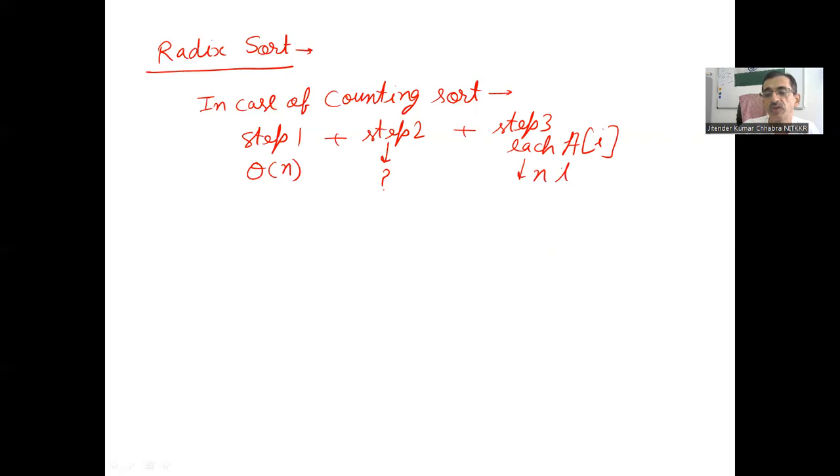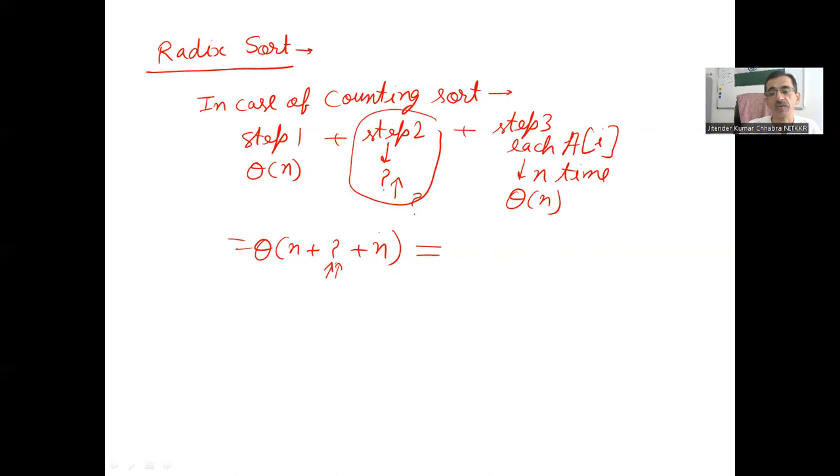Effectively, that is an n-times loop, so I can say this will be theta of n. If the middle step is not more than theta of n, then the total will be theta of n. But if this value comes out to be more than n, then we are not going to get it done in linear sort. So your target should be to do this work in less than or equal to n times.